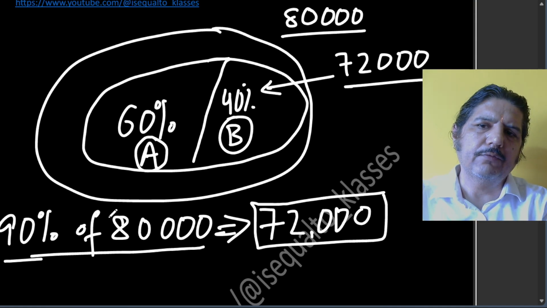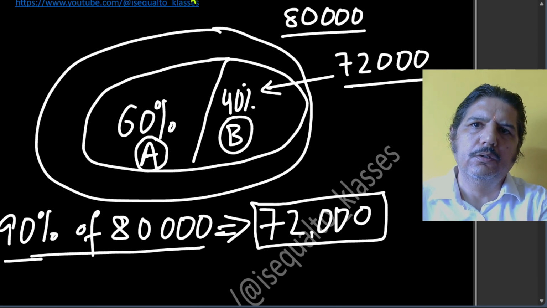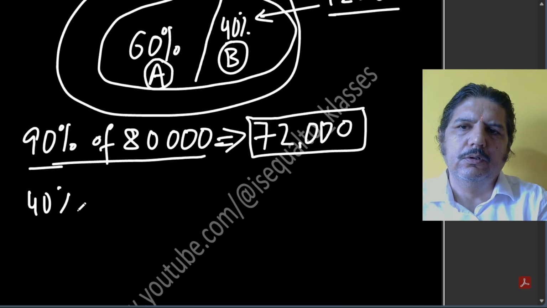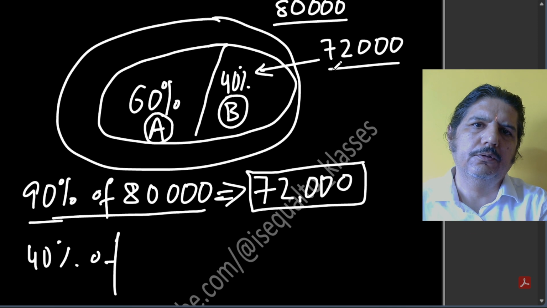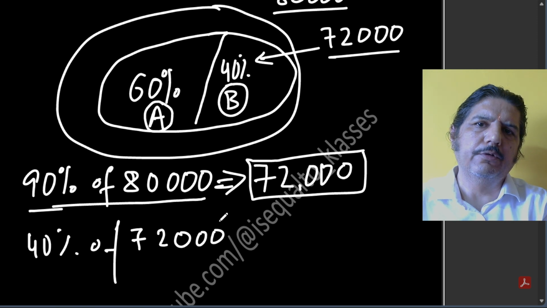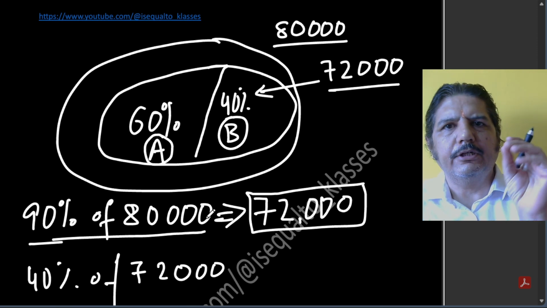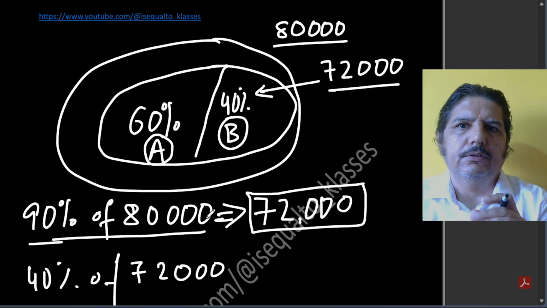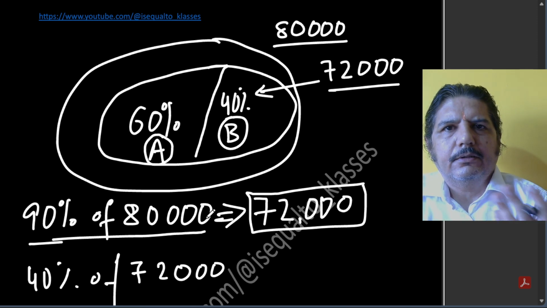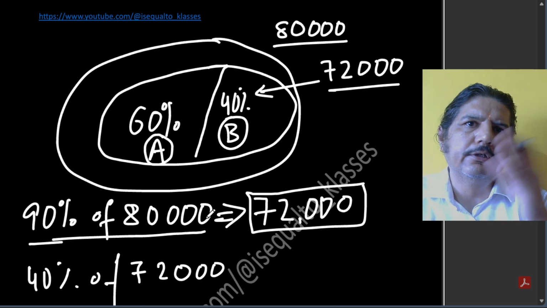So votes which would have gone to B would be 40% of 72,000. Now see, what you need to understand is that these 40% are of 72,000. They are not 40% of 80,000, because there are voters who didn't even vote.